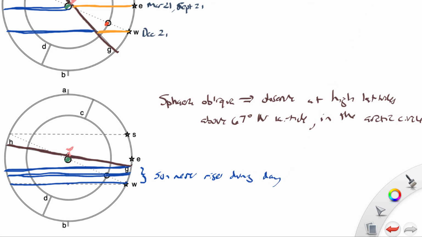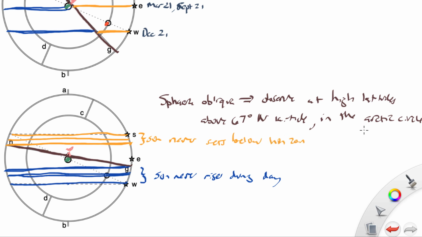And notice also that on several days of the year, the sun stays above the horizon for the entire day. So anywhere between the dates where the sun is here and the summer solstice, in this period of the year, the sun never sets below the horizon.